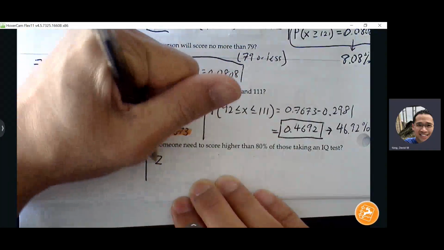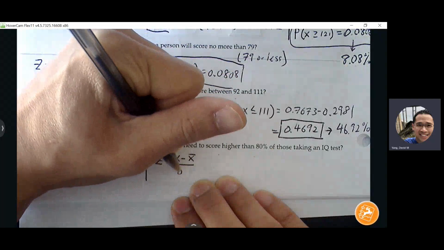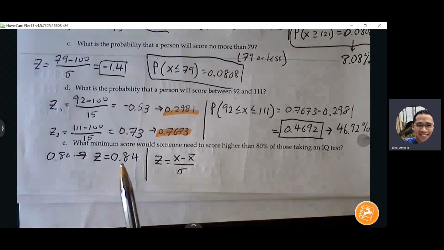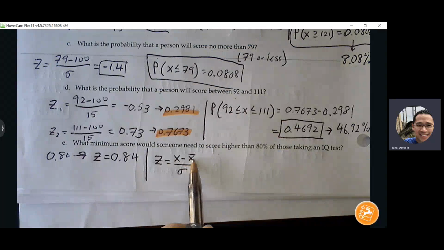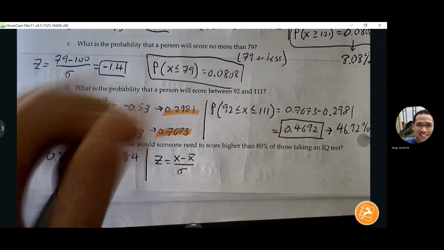Now, there's a z-score formula, which is x minus x bar over sigma. We're going to replace z with 0.84, replace x bar with 100, and replace sigma with 15, and then we'll cross multiply and solve for x.